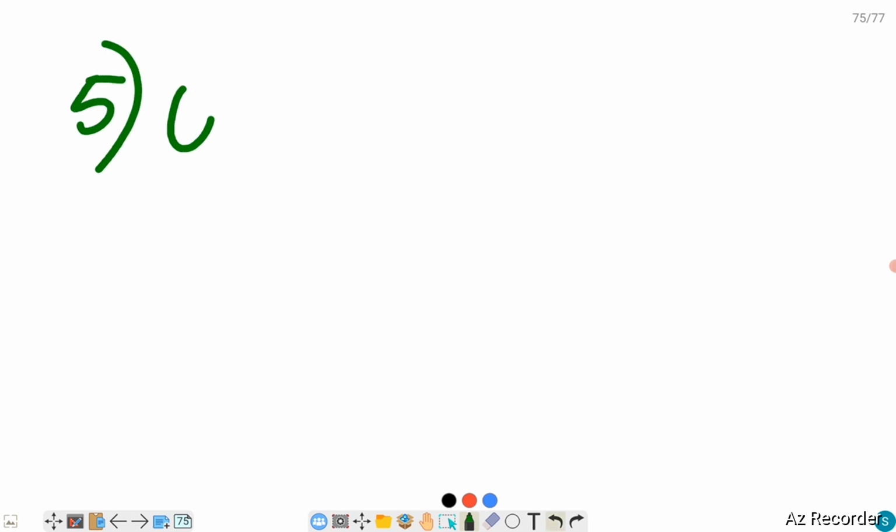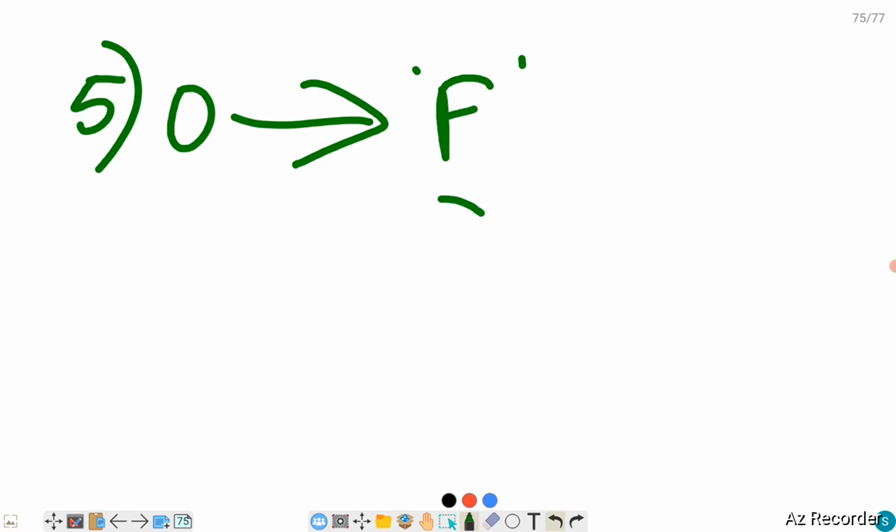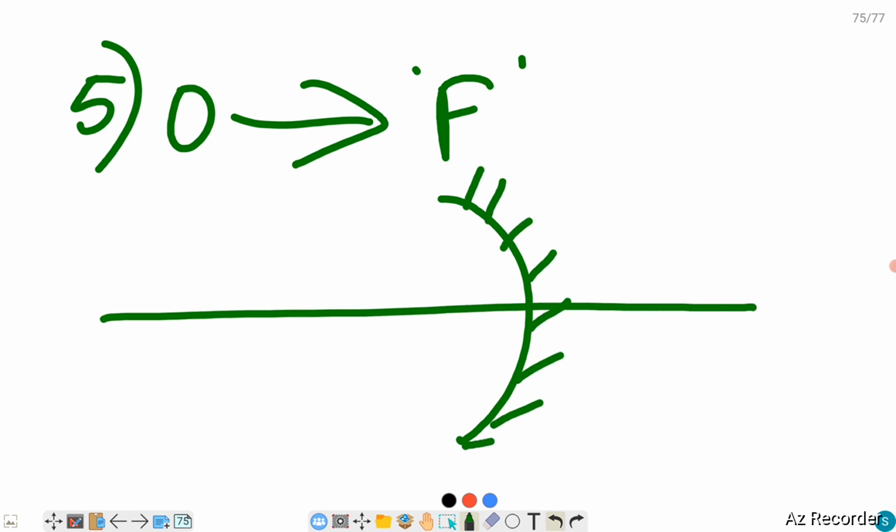Okay, and we'll see the fifth one. Then the object is at focus. Now take the mirror. Let's see the points, pole, focus and center.